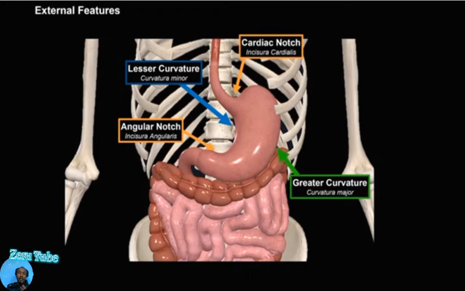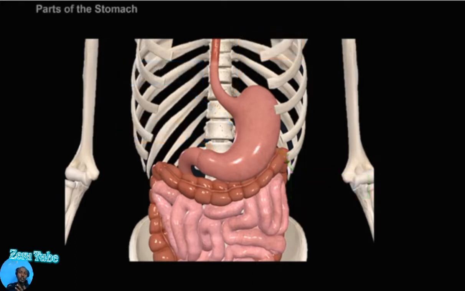So those are the curvatures as well as the notches. When we talk about the parts of the stomach, we can get the cardiac part. The cardiac part is located between the fundus of the stomach and the esophagus.